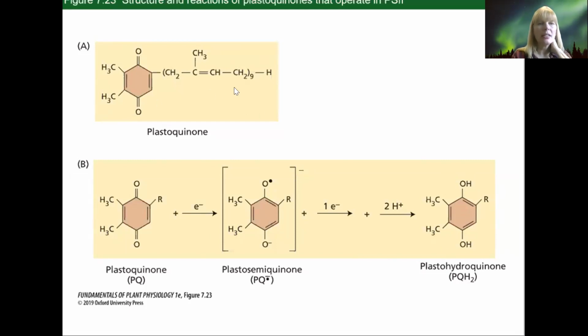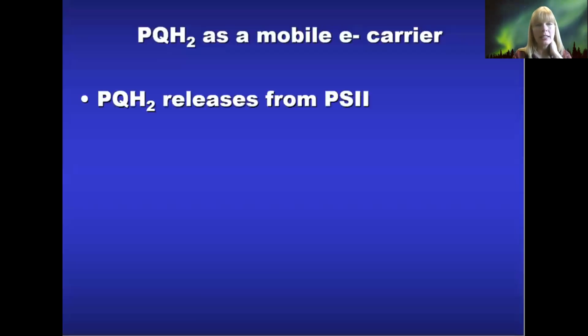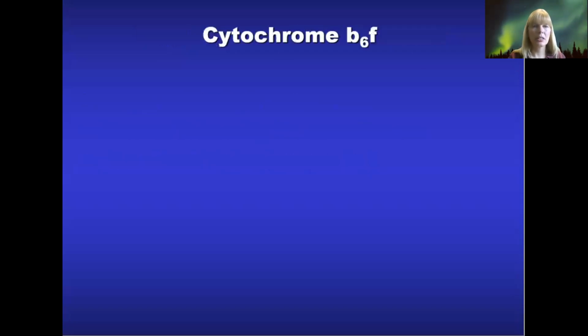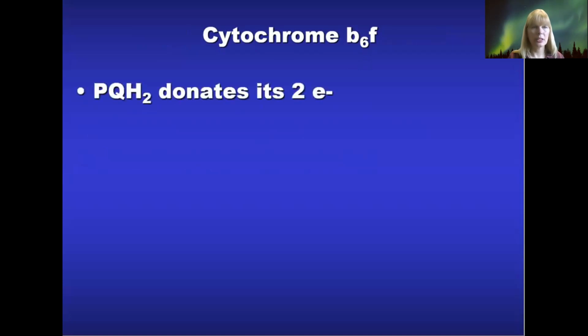So here we see it is still a fairly small molecule, and it is hydrophobic, so it can stay in the hydrophobic portion of the membrane, and so it releases away from photosystem 2 and where pheophytin is located, and starts to move laterally in the membrane until it bumps into cytochrome b6f, another big complex that really can't move. So it's up to these mobile carriers to do the job of shuttling electrons.